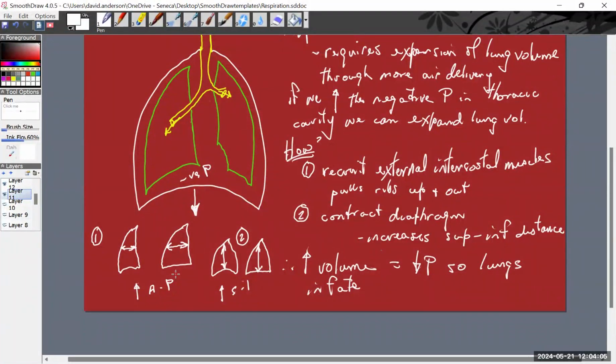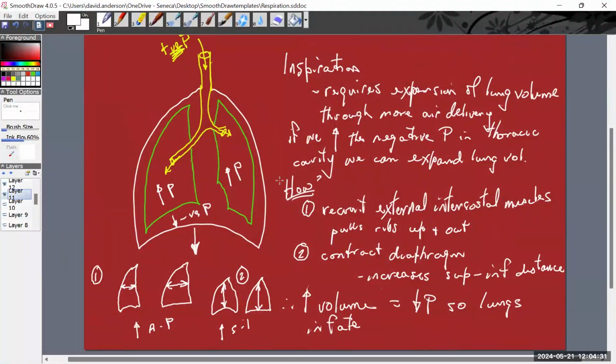We know they have an inverse relationship according to Boyle. So that gave us a relative decrease in pressure, and as a result, the lungs inflate. So that's how we get inspiration.